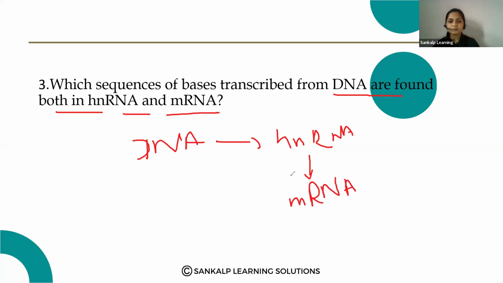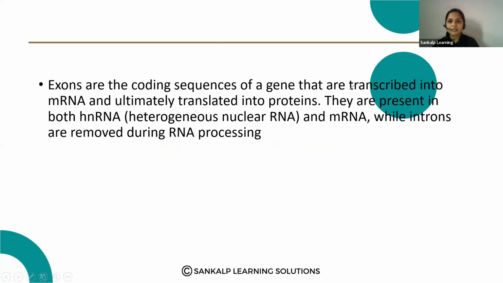The sequences present in both hnRNA and mRNA are nothing but the exons. Exons are the sequences that are transcribed into mRNA and ultimately translated into proteins. So they are present both in the hnRNA and mRNA.